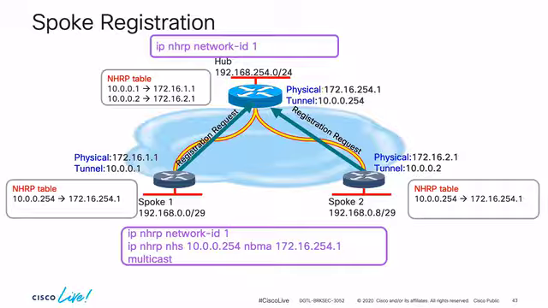The process which happens with spoke 2 is very similar to what happens on spoke 1. If we were to look at the NHRP table on the hub, which is on top, we would see NHRP mappings for both spoke 1 and spoke 2.